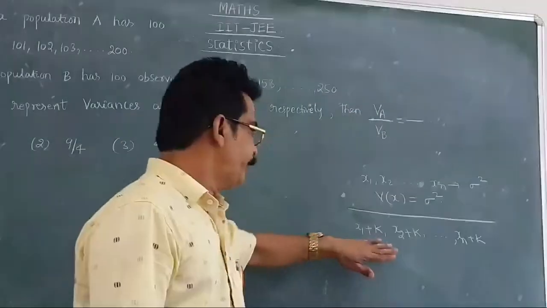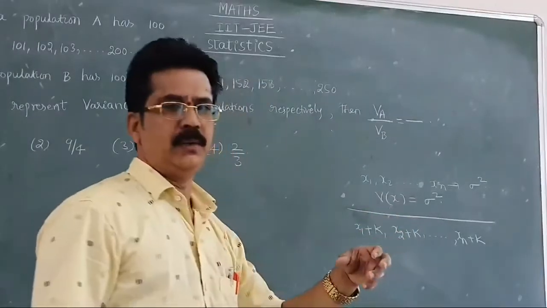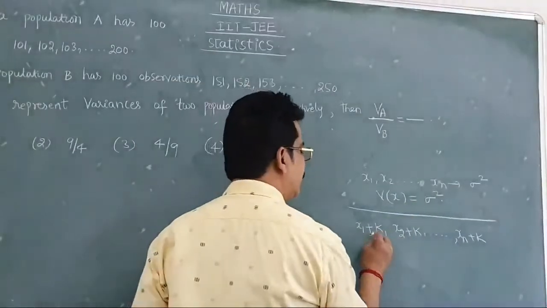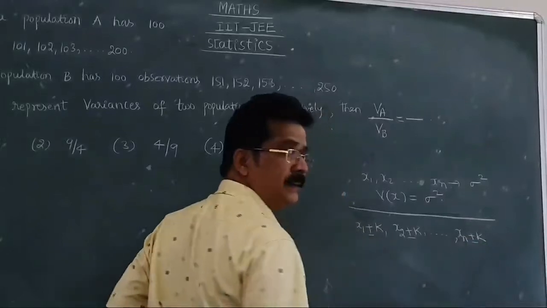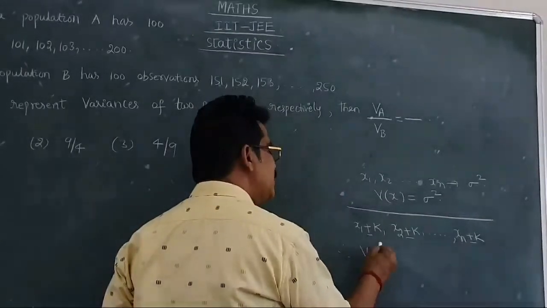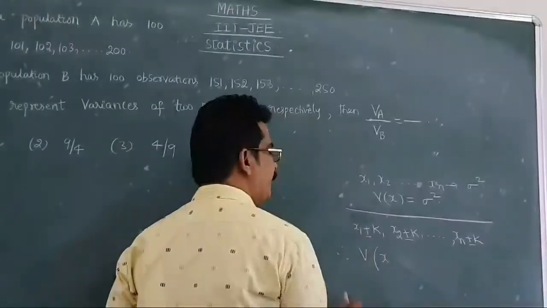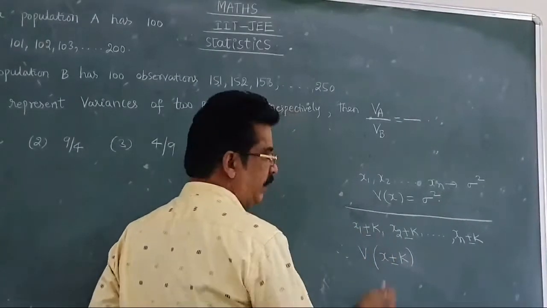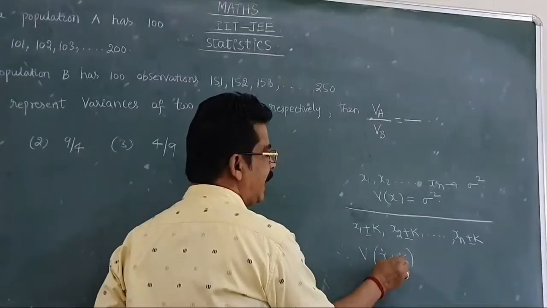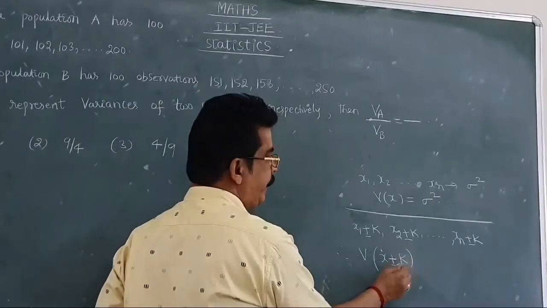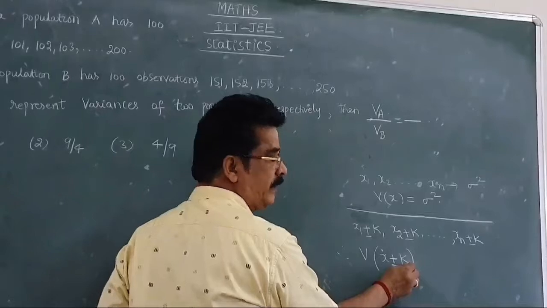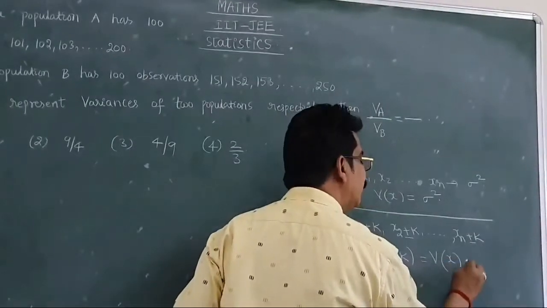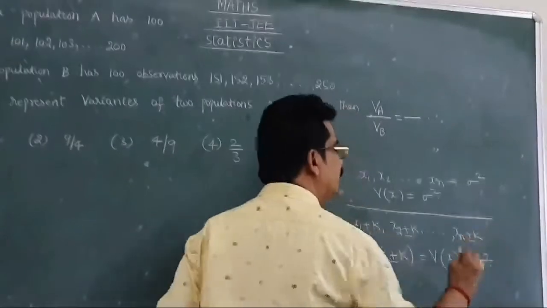So we add some fixed value k to each and every observation, or subtract like that. Then the variance of this new data, x plus or minus k, never changes. It is the same, equal to sigma square.